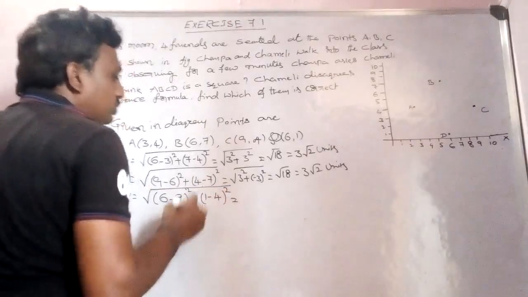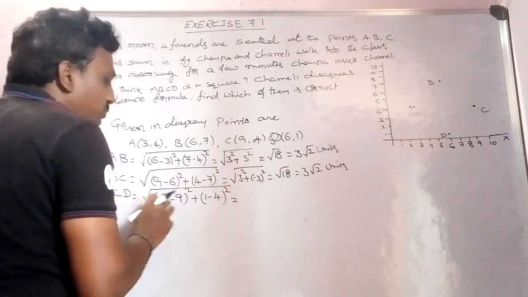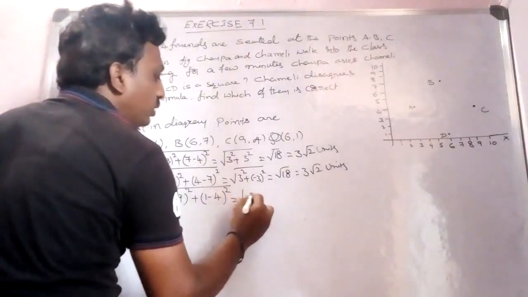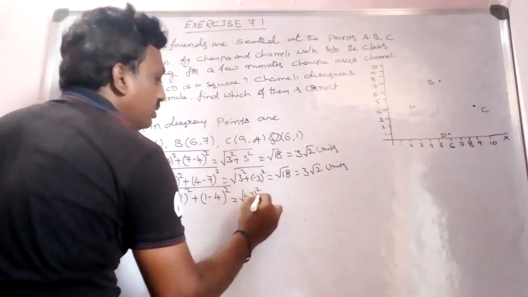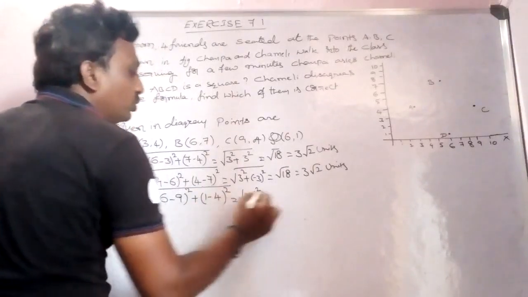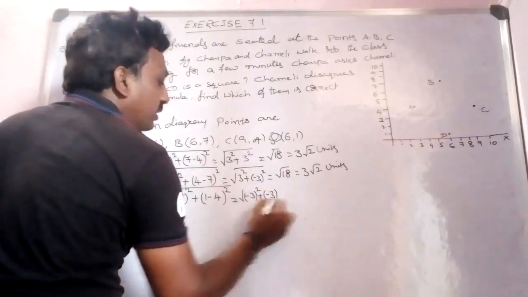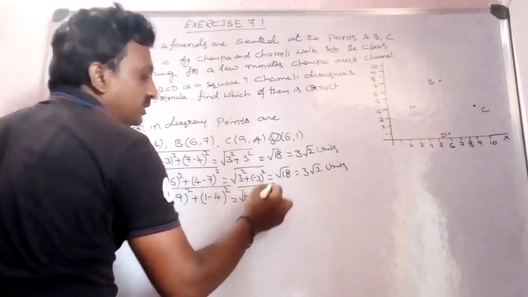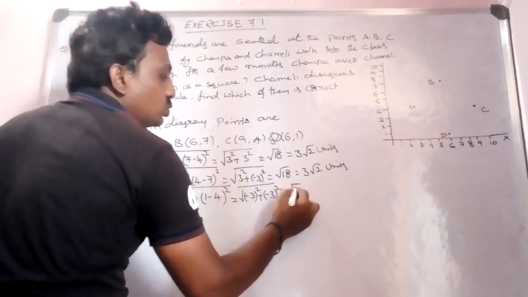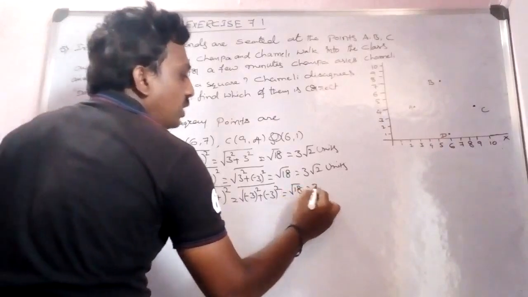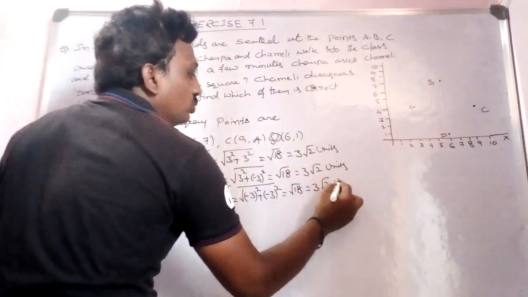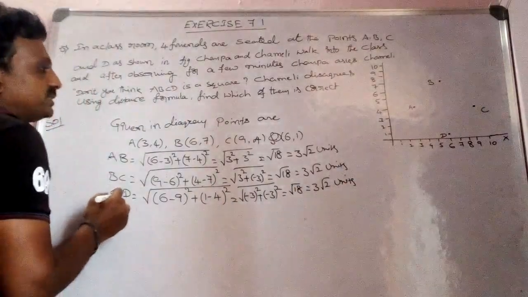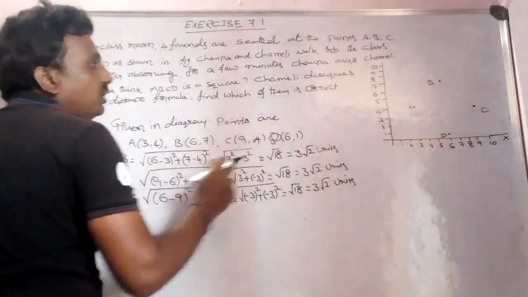This is also the same. 6 minus 9 is minus 3, whole square is 9. 1 minus 4 is minus 3, whole square is 9. This is total square root 18, which is 3 root 2 units. CD finished. Now DA.